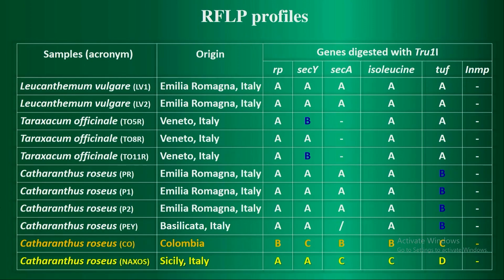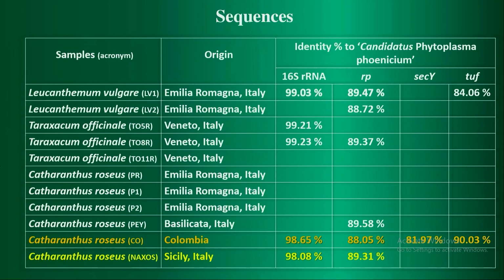the IMP gene of all samples was not amplified with the specific primer of Candidatus phytoplasma phoenicium, and the results highlight the genetic difference between the strains. The difference was obviously confirmed in sequence.